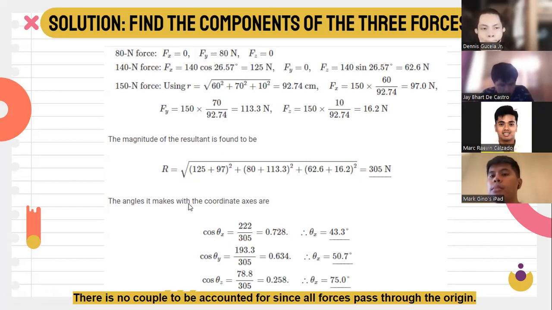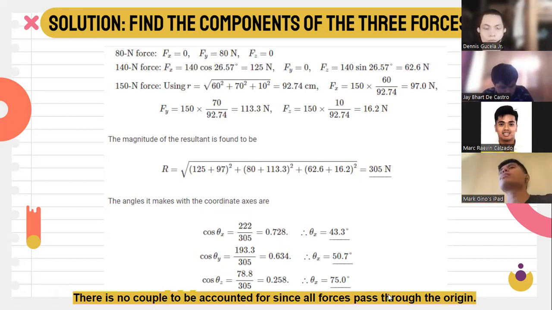Next, the angles it makes with the coordinate axes: cosine theta x is equal to 222 over 305, equal to 0.728. Theta x is equivalent to 73.3 degrees.